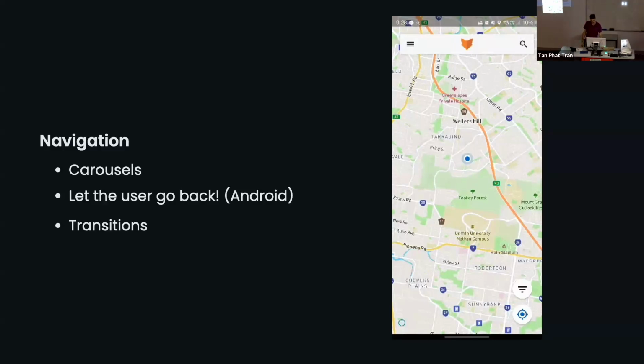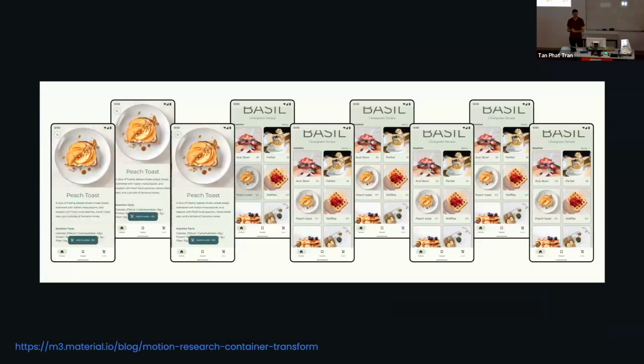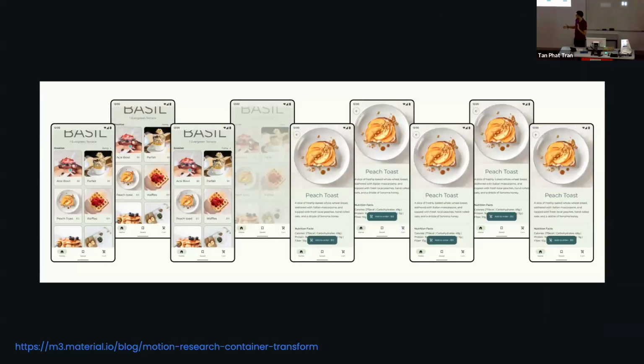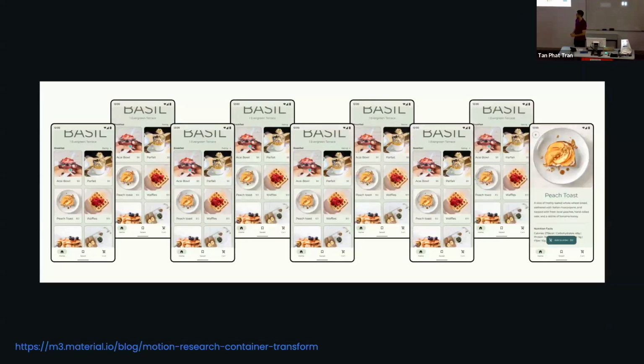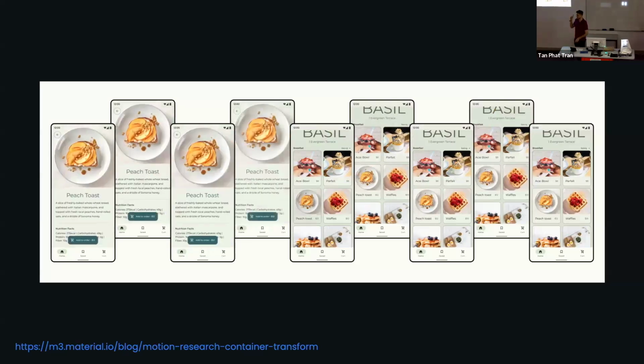And also transitions. I think Material 3 has some great guidelines on this. There's a good blog post here about some user research they did about it. Who wants to guess which of these users preferred? Number 1, yep, that was right.